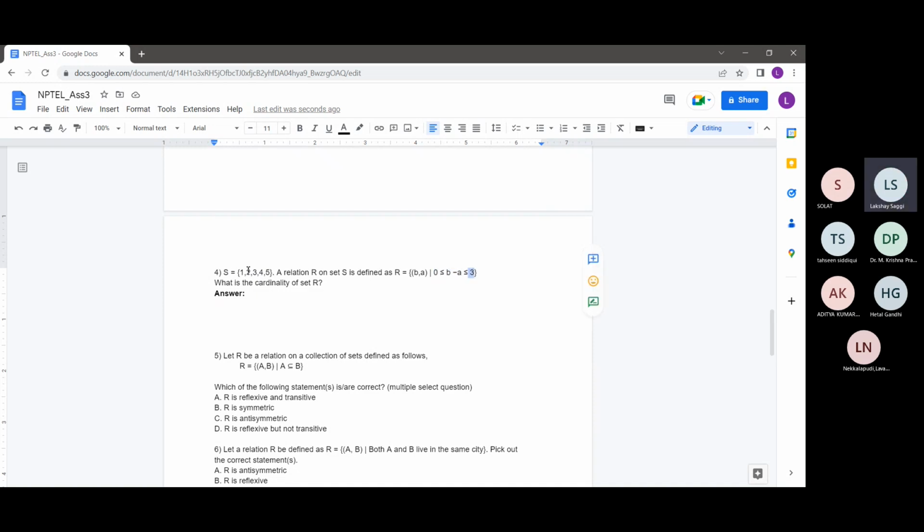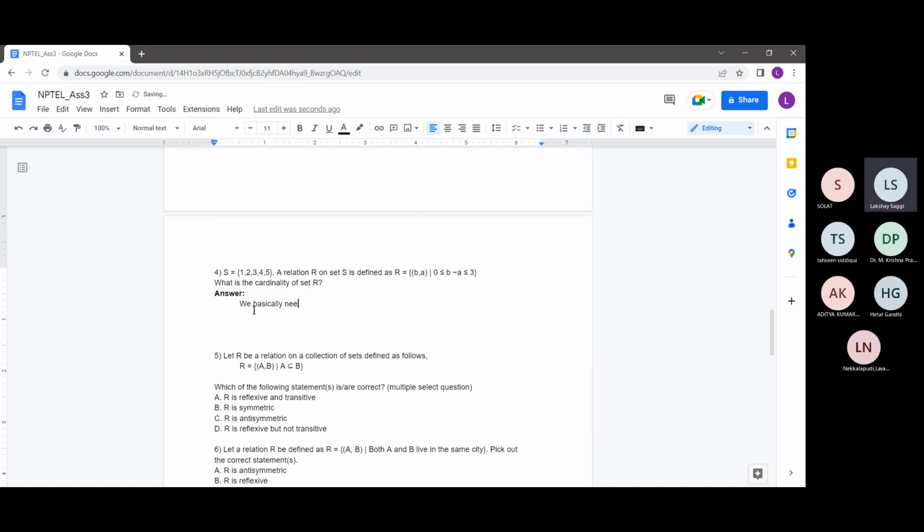So we need to find the number of possible pairs (B, A), that is, the cardinality of set R, such that B minus A lies between 0 and 3, and B and A both are from this set S. Right, guys? So I hope this is clear to you what the question is asking for. So I'll just write it down.